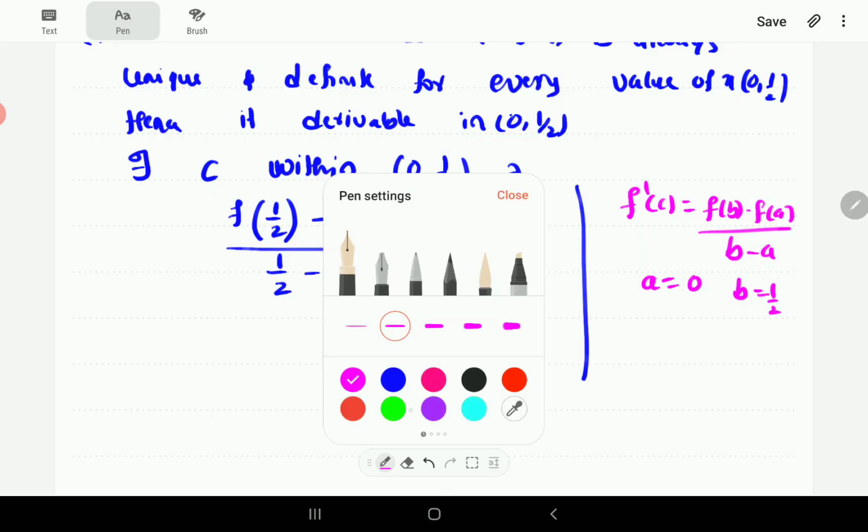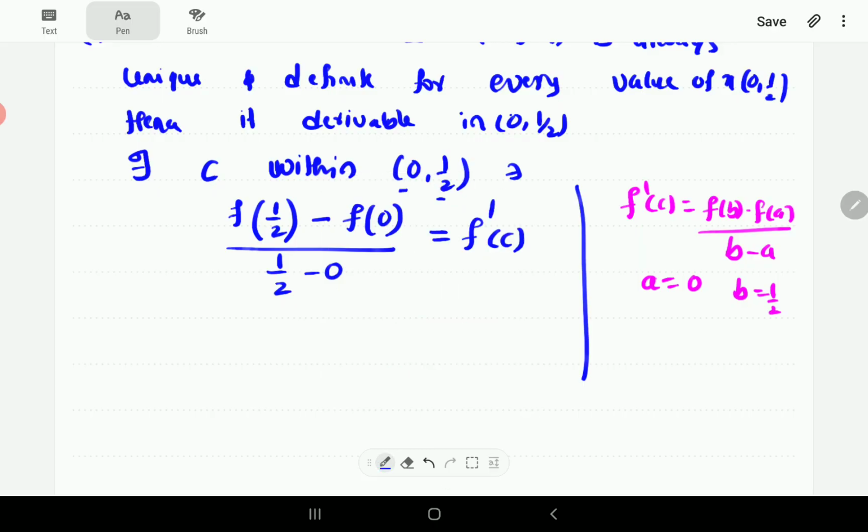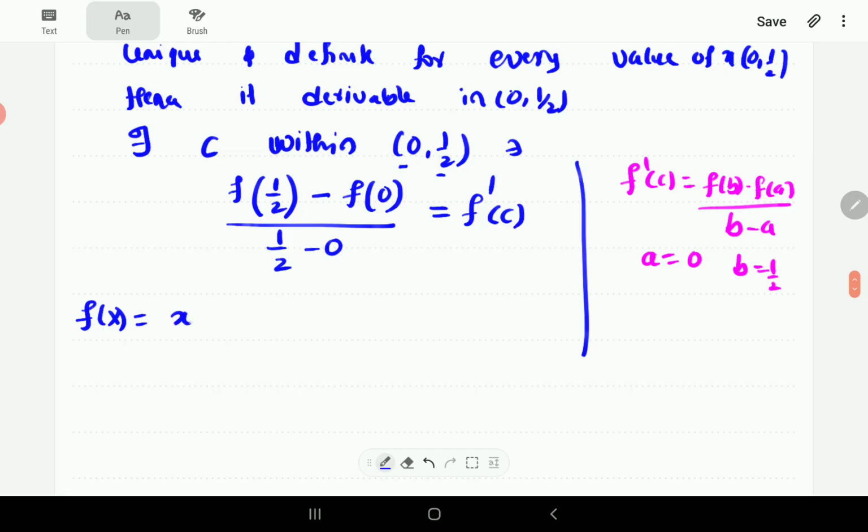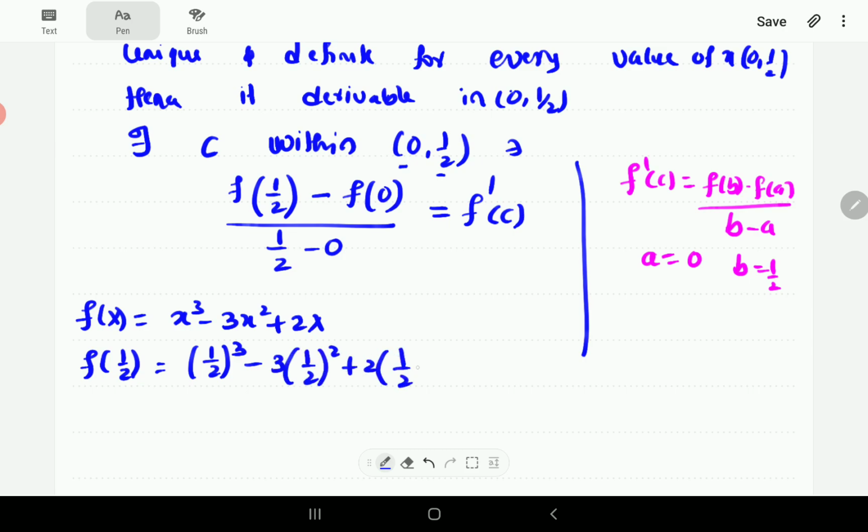Now f at the point of 1 by 2: our function is f of x equals x cube minus 3x square plus 2x. So f at half will be 1 by 2 cube minus 3 into 1 by 2 square plus 2 into 1 by 2.